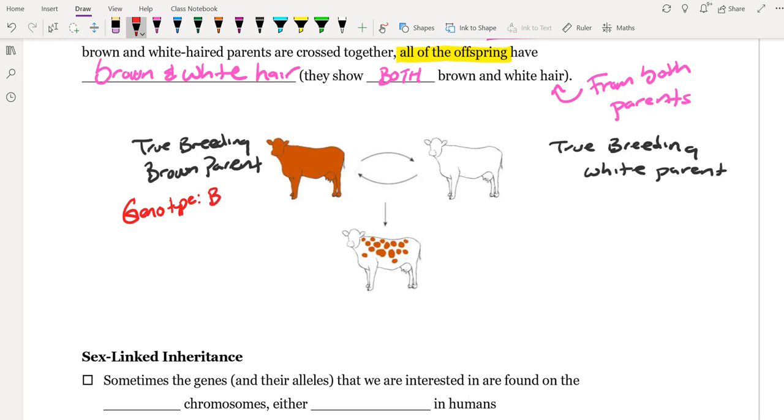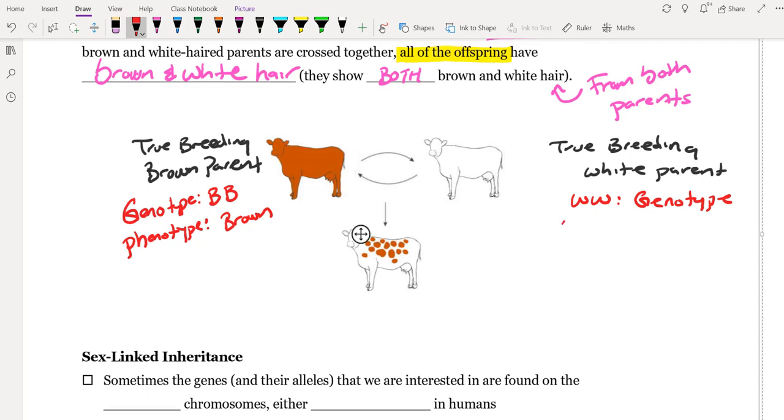So for the brown parents, there'll be a capital B and a B. For the white parents, there'll be a W and a W for their genotype. And their phenotype is what is expressed. For the brown parents, brown is expressed.